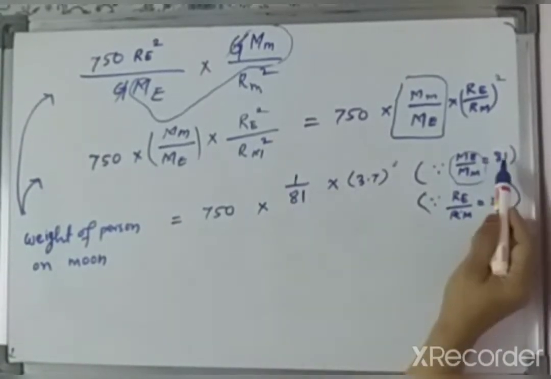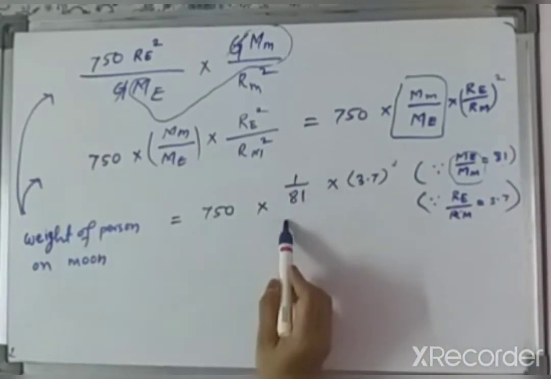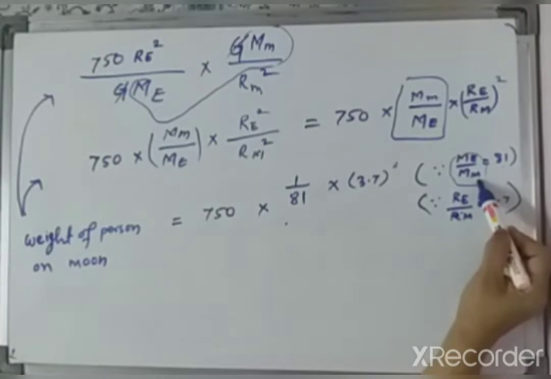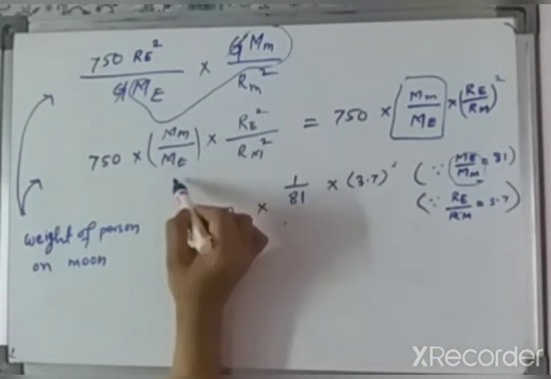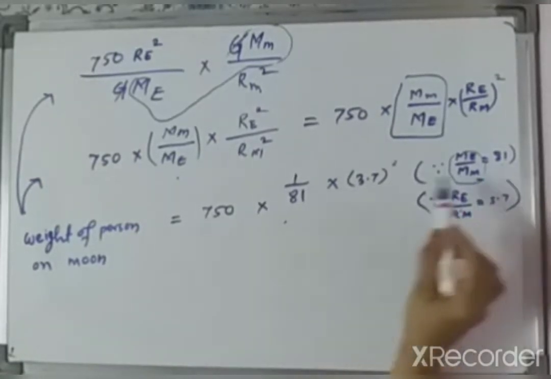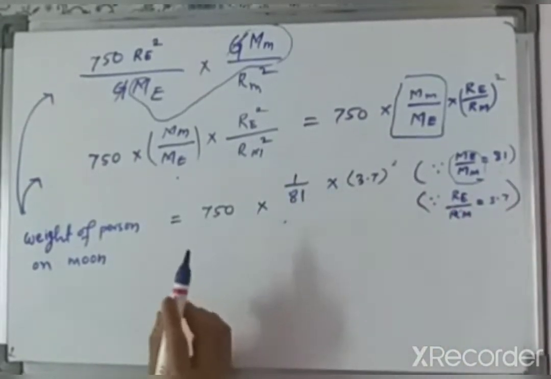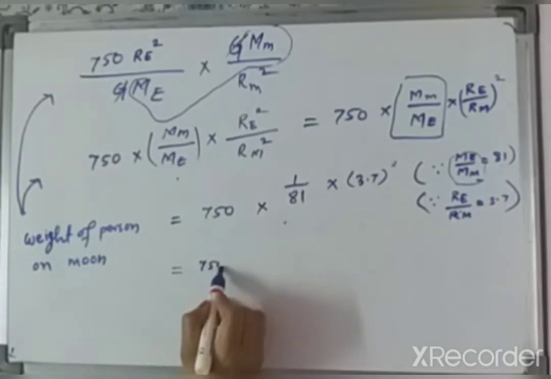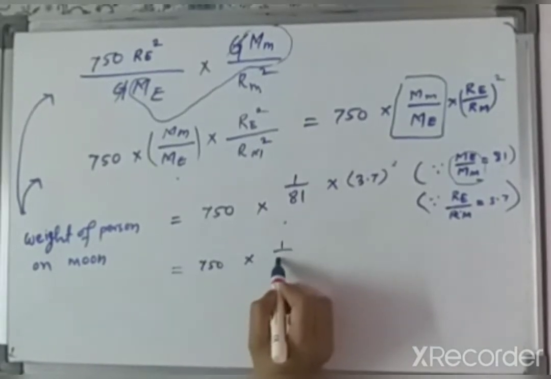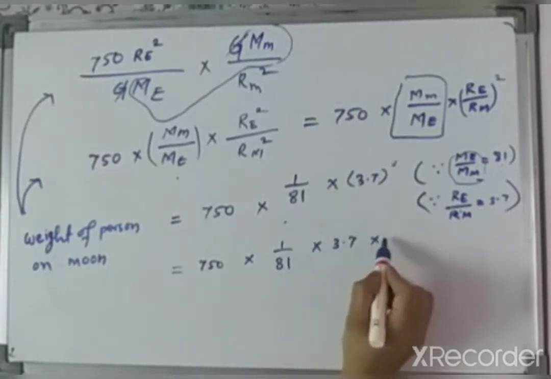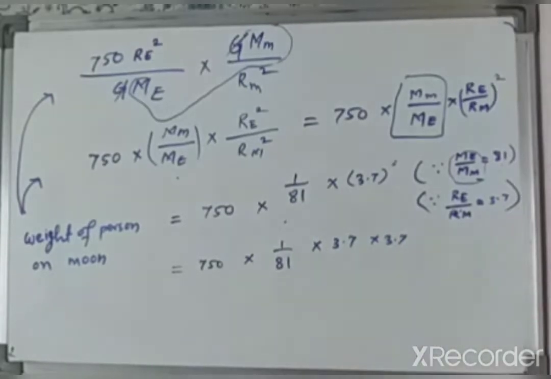That's why instead of 81 we have written 1 upon 81. This is the value of mass of earth to mass of moon, and here we have mass of moon to mass of earth, so we have to make the inverse of it. So instead of writing 81 we have written 1 upon 81. So 750 multiplied by 1 upon 81 multiplied by 3.7 multiplied by 3.7.